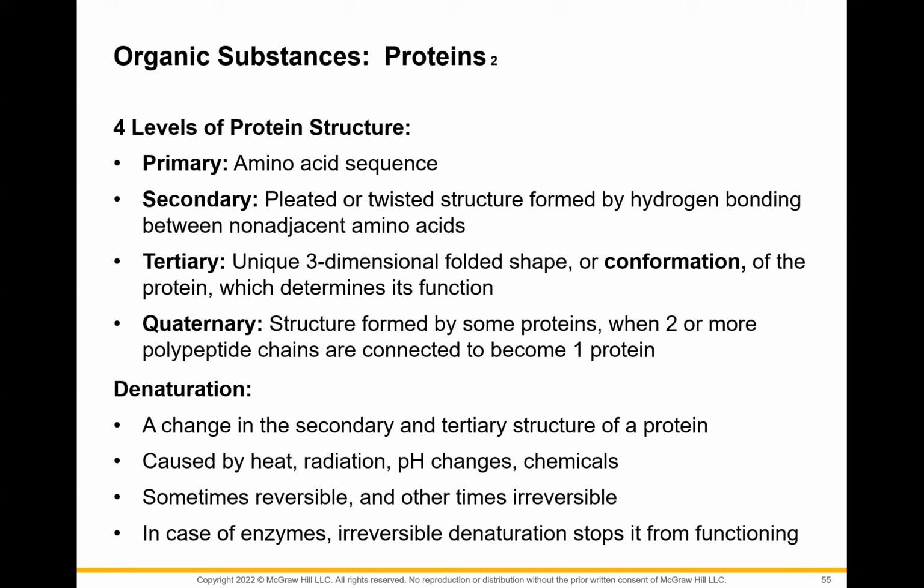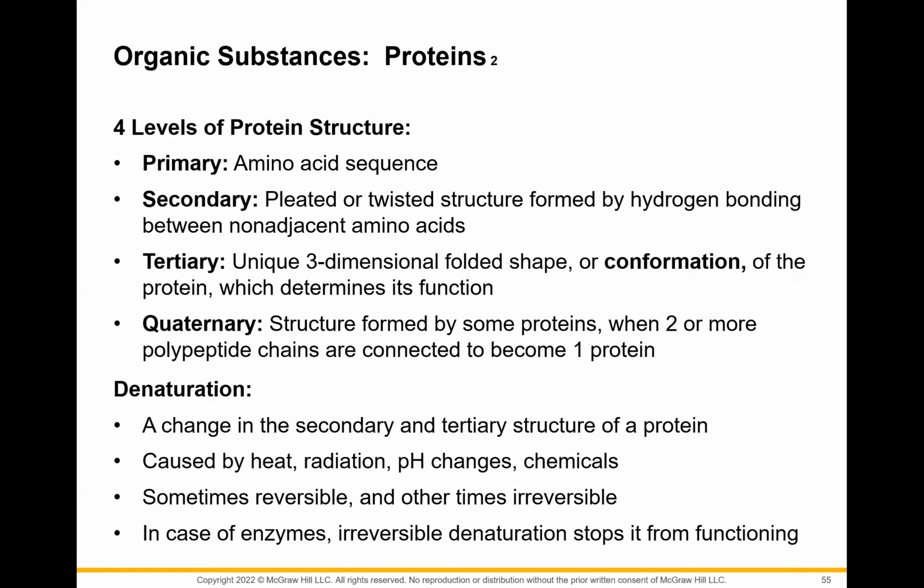So it's very important to have these levels, if you will, to actually build up our protein. And like I said, proteins can help to make hormones, they can help to make enzymes, they can help to make channels, antibodies, and all of that has to do with their shape, determining their function.